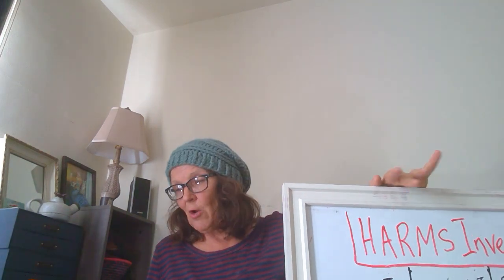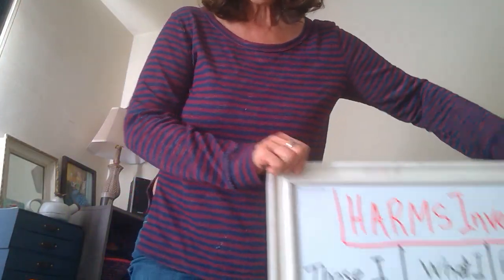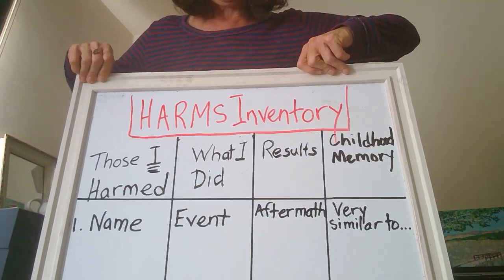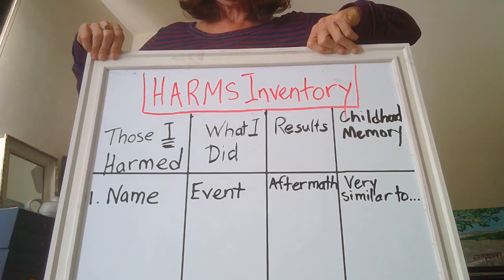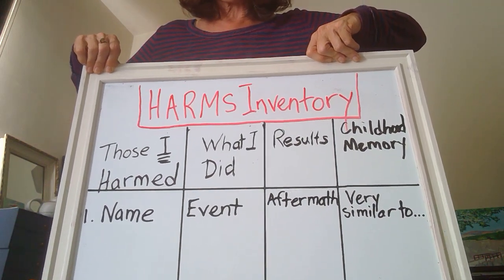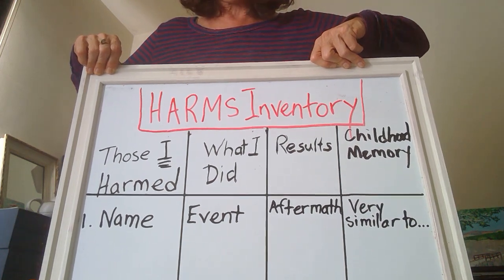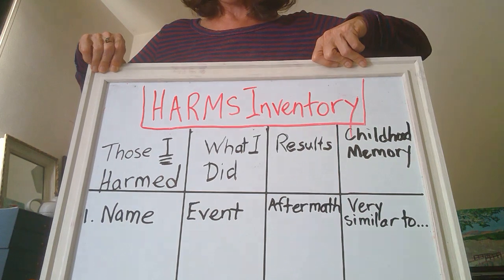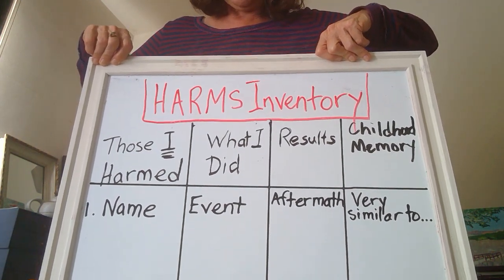So I'm going to go over this part, which is very easy to do. We're going to talk about who we harmed. So maybe you just want to go through and list all the names of the people we've harmed. We really feel some kind of guilt because we know we transferred those bad things that we experienced as children, or we did something that manifested that.